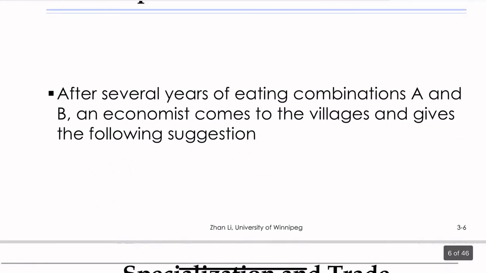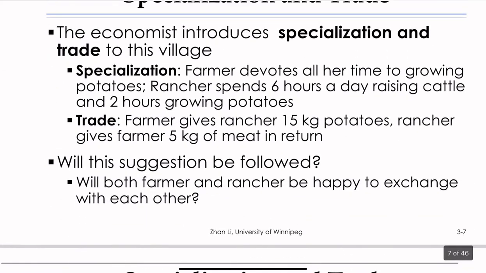Now, let's say after several years of living in isolation, an economist like you comes to the village, and this economist offers some suggestions. What are the suggestions? This economist will offer two suggestions.